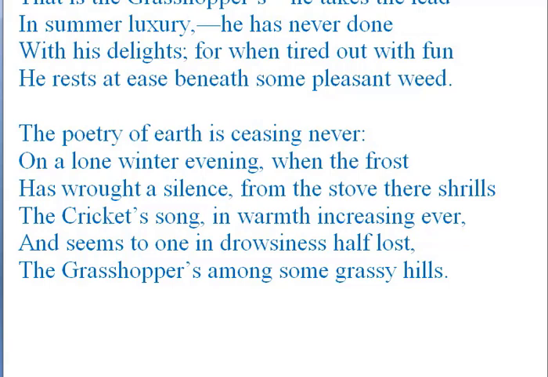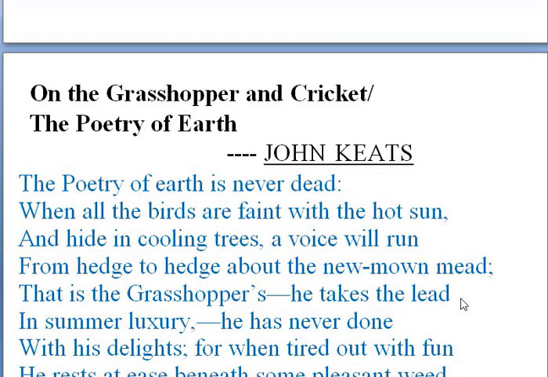Thus, we can easily say that the poetry of the earth is a thing which has a sense of eternity, which has a sense of continuity. So, we have come to a point where we can easily understand the significance of the title on the grasshopper and the cricket.